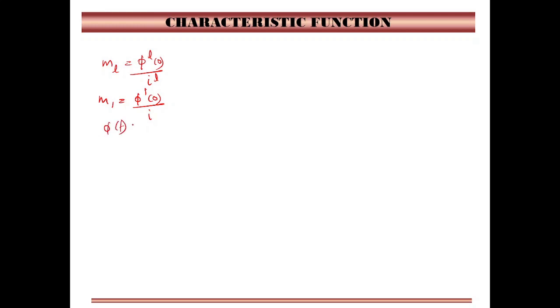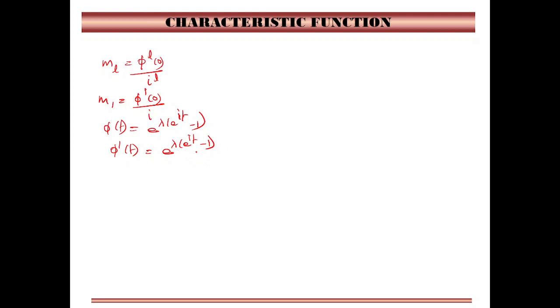We have the characteristic function e power lambda into e power it minus 1. So pi dash of t means finding the first derivative. We have to differentiate this function e power x. So the derivative of e power x is e power x.